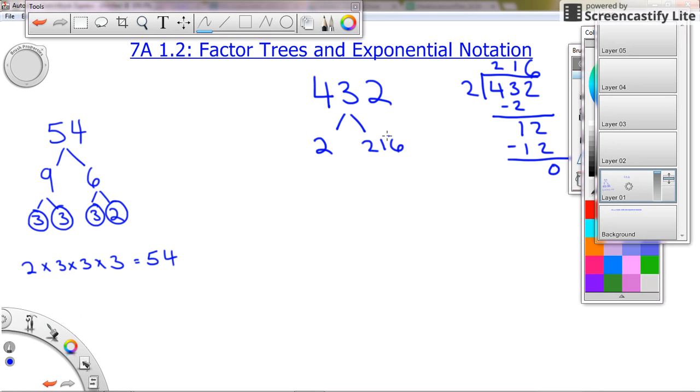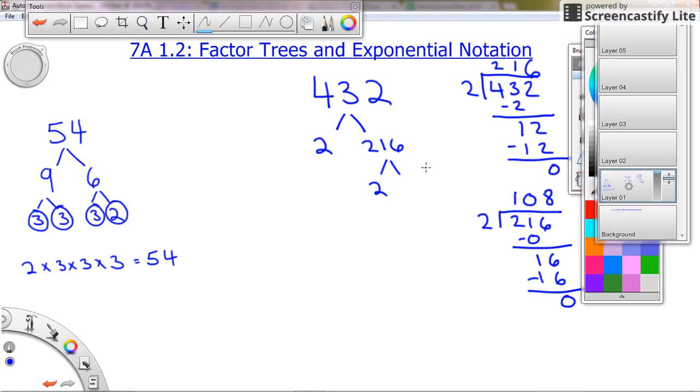Now 216, again, you probably don't know how to factor 216, so let's go ahead and divide again. I know that I can get a 2 in here. And just keep repeating this process. 2 goes into 2 once, 2 goes into 1 0 times. 2 goes into 16 8 times.